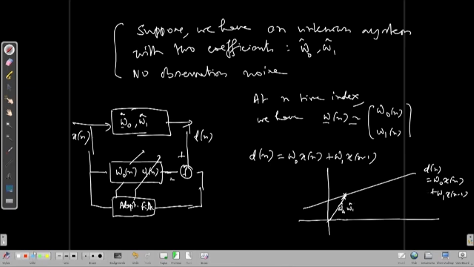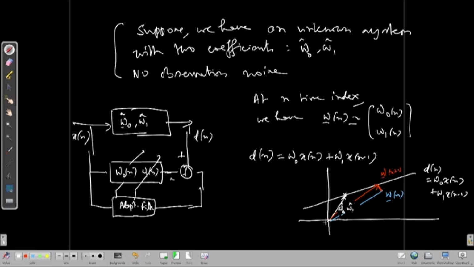And now, suppose this is your Wn. Wn is the adaptive filter coefficient vector at the nth clock, and we want Wn to converge to this point as n goes to infinity. So what we do in this algorithm is, we draw a perpendicular from this point. Whatever we get, we take to be the adaptive filter weight for the next clock.